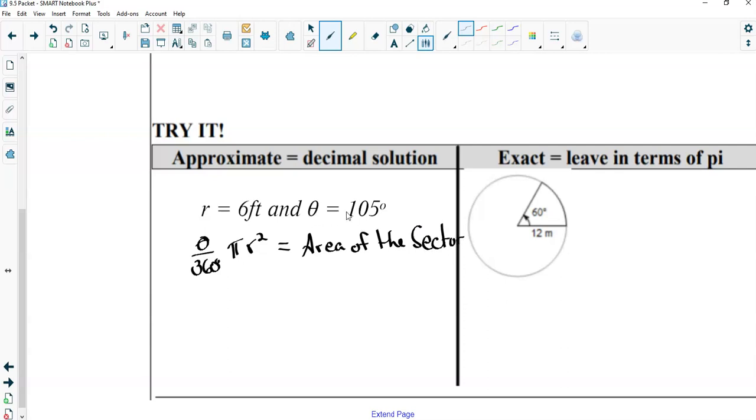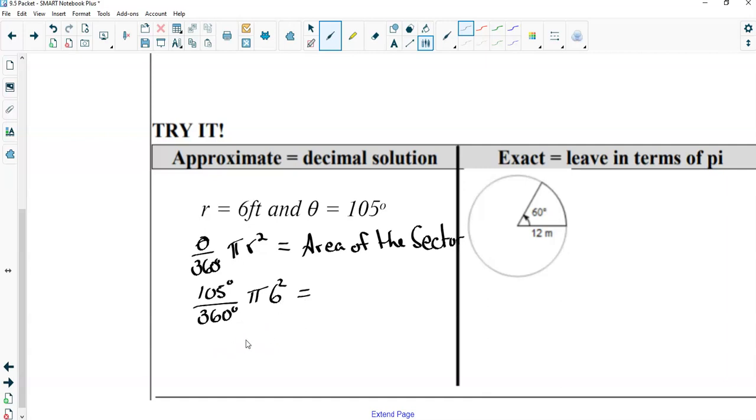In this case, they gave me that theta was 105, so 105 degrees divided by 360 degrees, and then pi, the radius is 6, so that's 6 squared. That should give me the area of the sector, right?